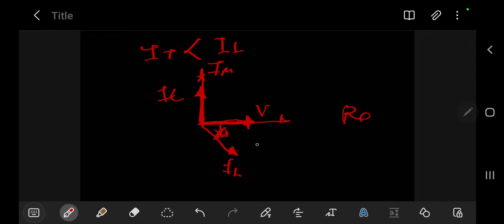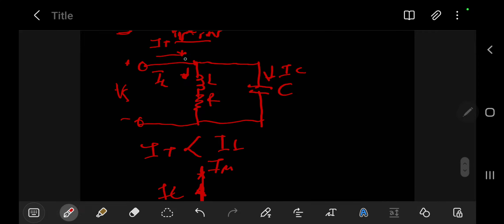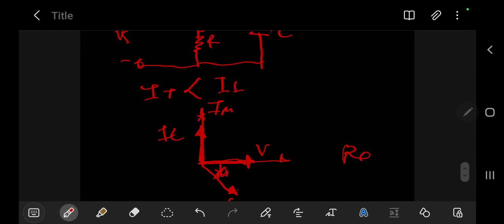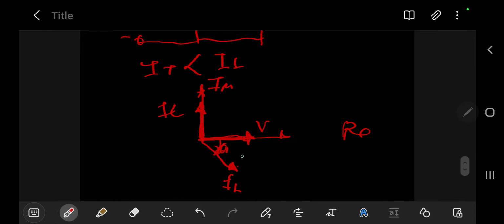So now if we wish to determine the total current now, which we are trying to say is going to be less than the current going through the load here, we know that we can just use the parallelogram law from, what do we call this, statics.